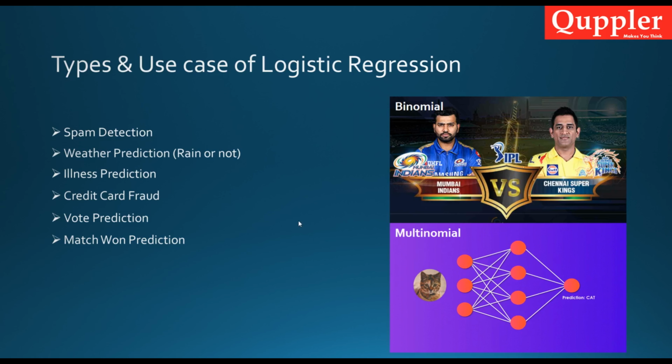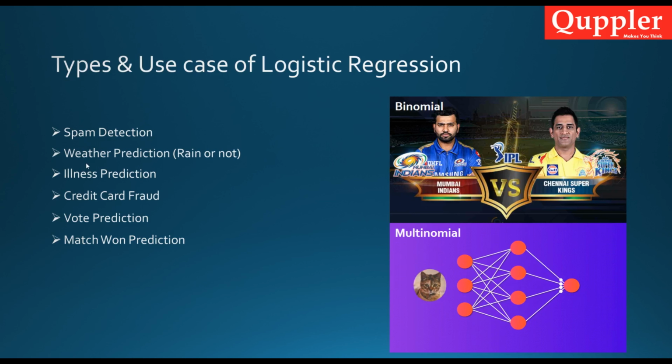There are many examples, but one of them is spam detection. Based on your mailing data, the subject header, the information in the body, and the keywords, you can detect whether a particular mail is spam or not.